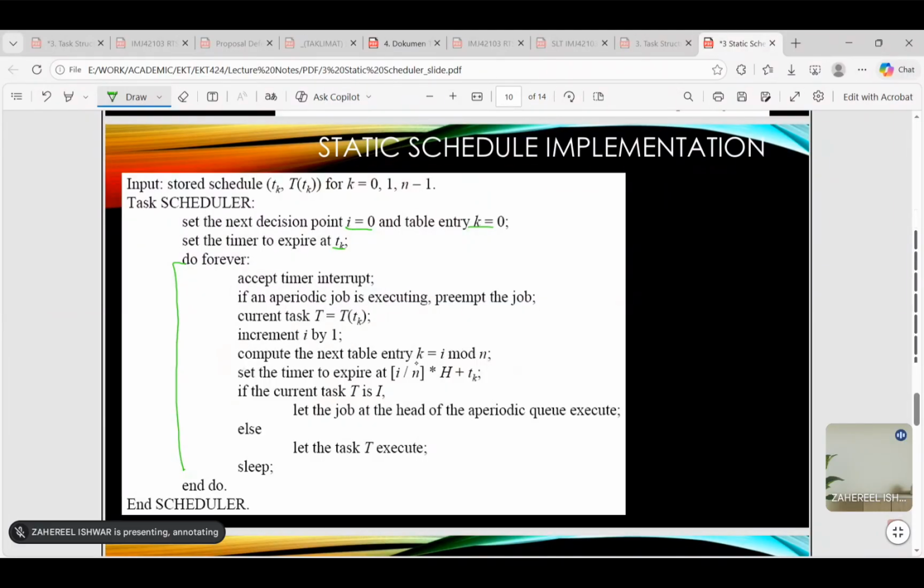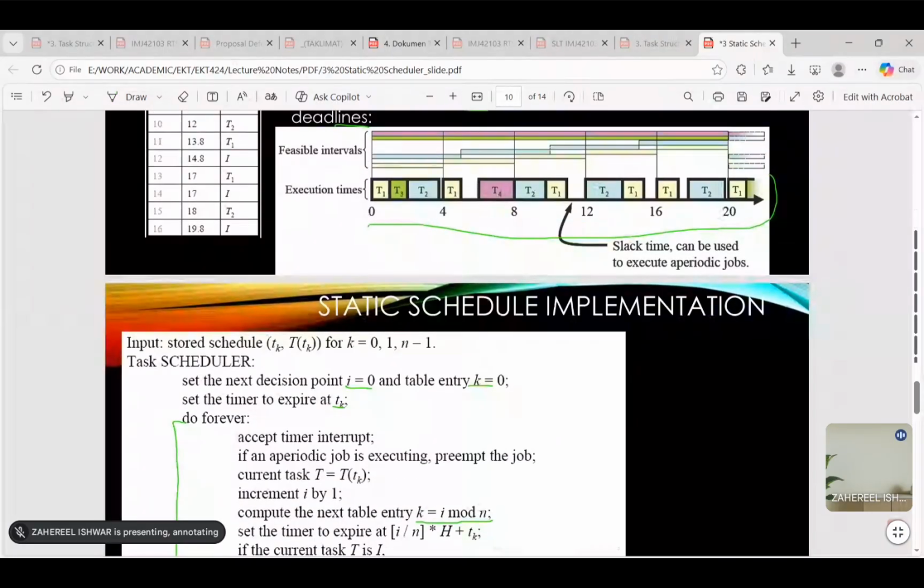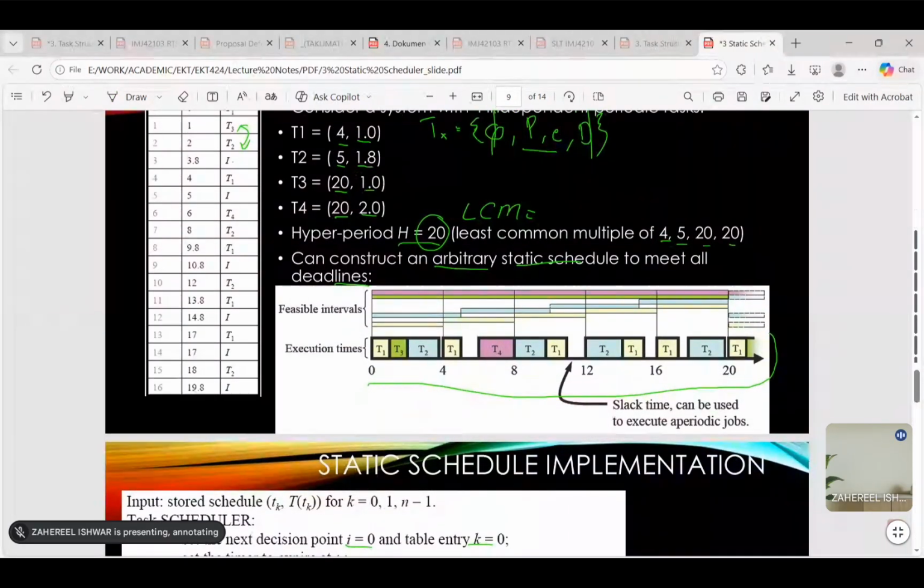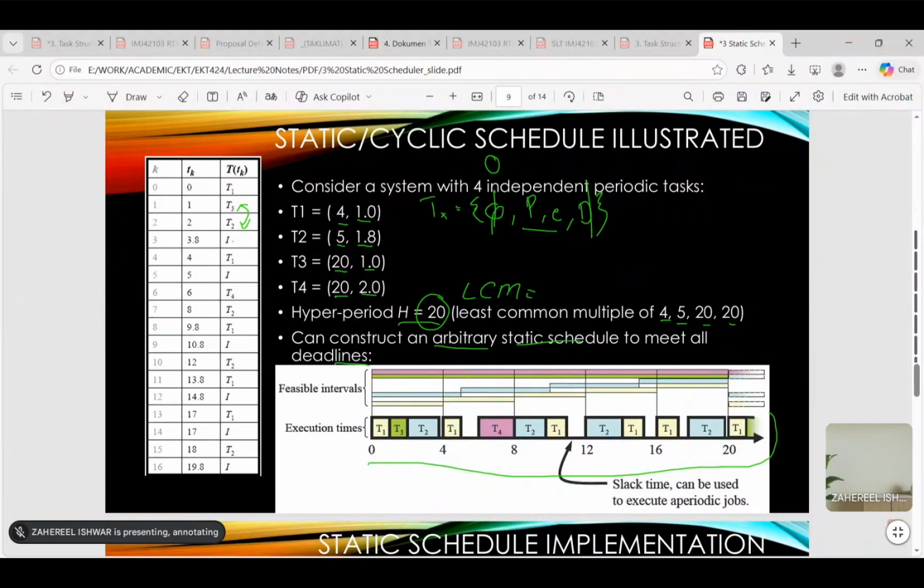What about this one? Why doing this? K equal to I mod n. What is this? Any guess? Look at this one. Our table ends at where? At the hyperperiod. When you prepare a table for static schedule, you must prepare the table until the hyperperiod, which is 20 in this case.